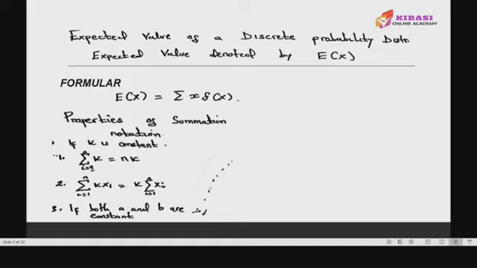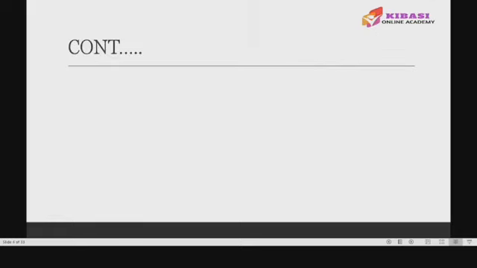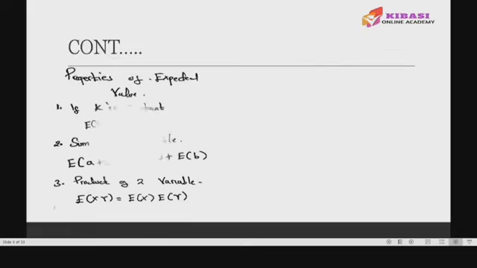Lakini 3, if both a and b are constant, itakuwa tunatoa a because a haina variable plus b ita substitute out, then summation ya xi. Lakini pia we have this property of expected value.